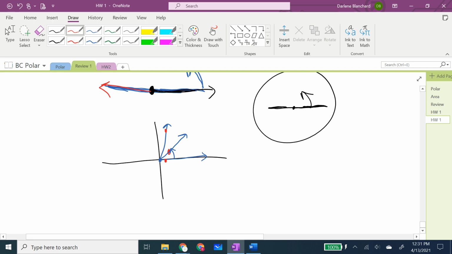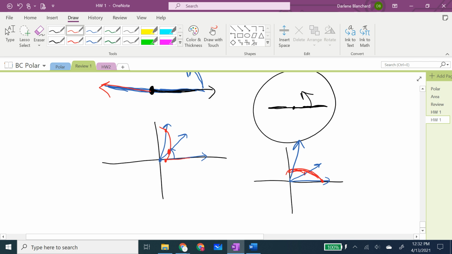But if while theta turns your r is actually decreasing, then maybe your r is out here, and then your r is getting closer to the pole, and you can see that inward going spiral.